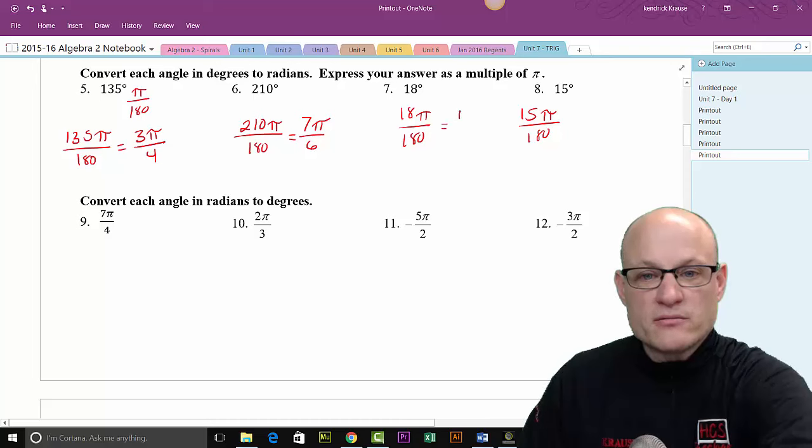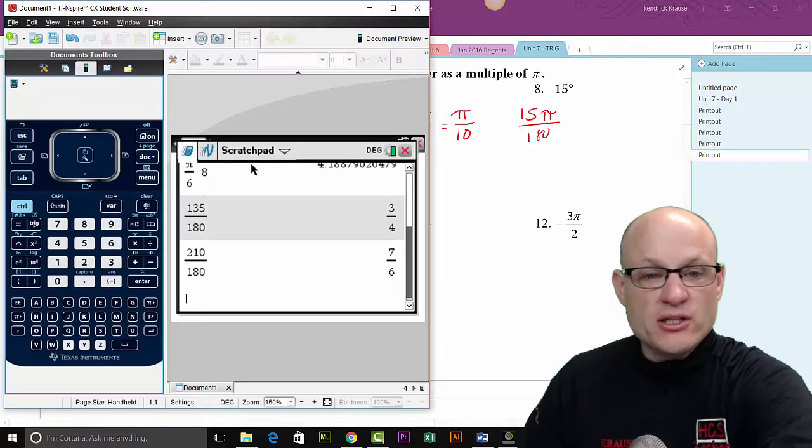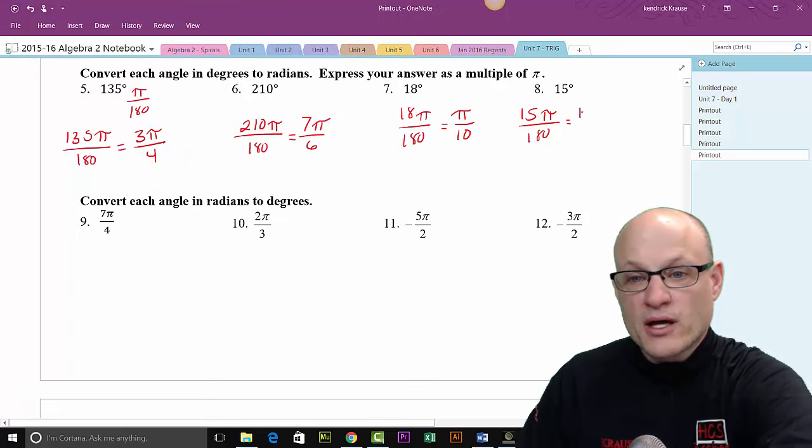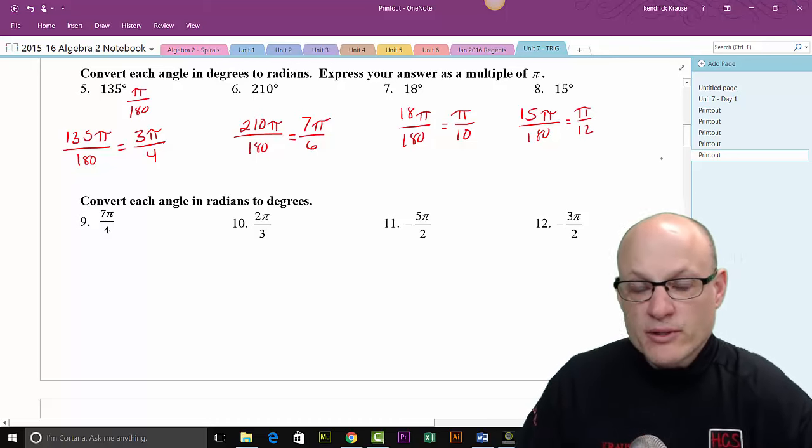That's just pi over 10, because 18 goes into 180 ten times. And then 15 over 180. 15 goes into 180 twelve times, so this is pi over 12. All right, there we go.